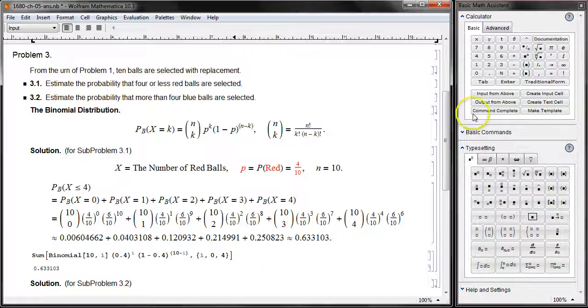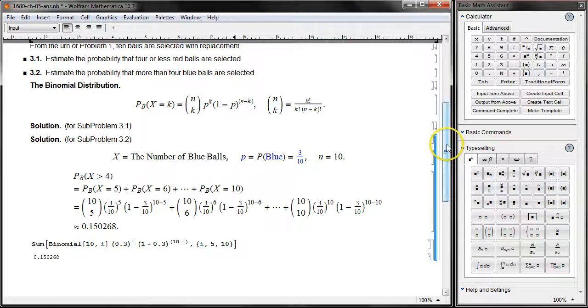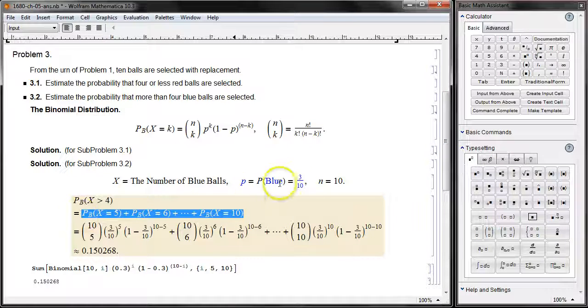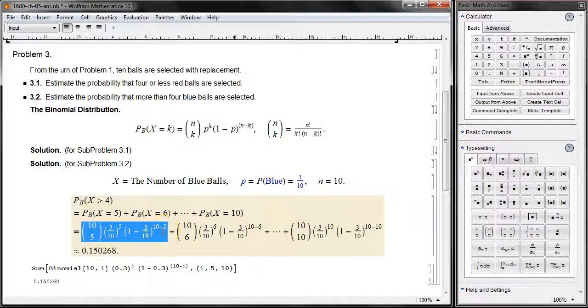Next, 3.2. More than 4 blue balls, which means 5, 6, 7, all the way up to 10 blue balls added up. Probability for blue is 3/10, and as before, I'm selecting 10 times. And then here is the first probability, 5 blue balls.